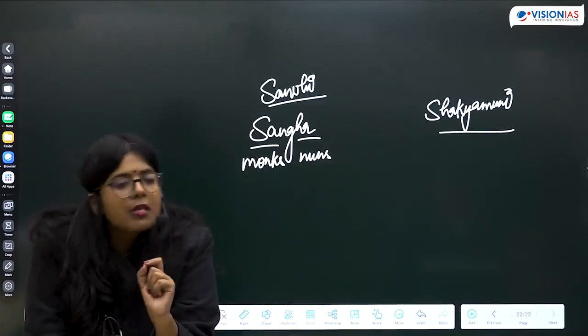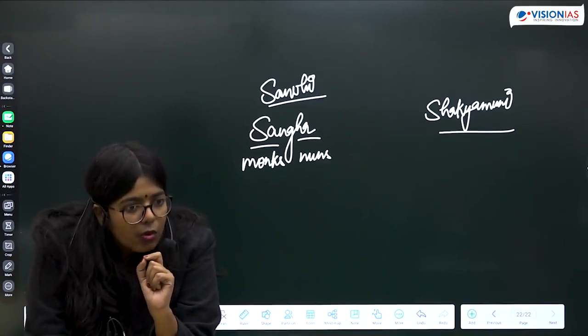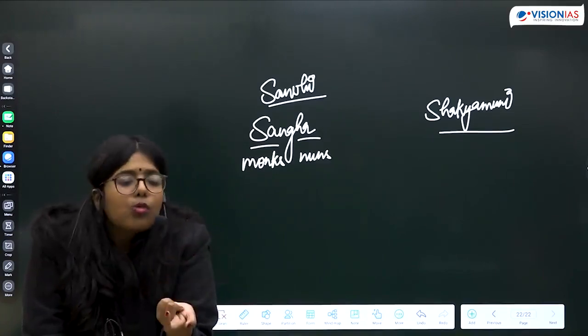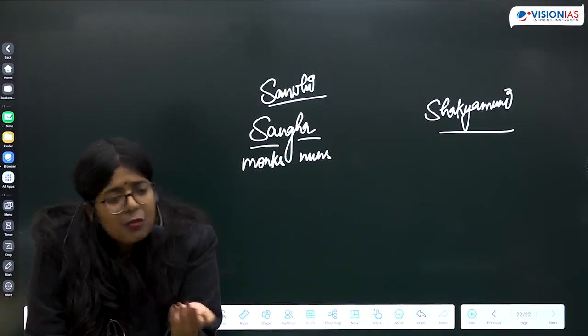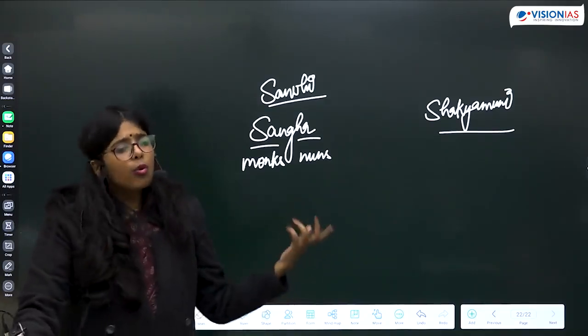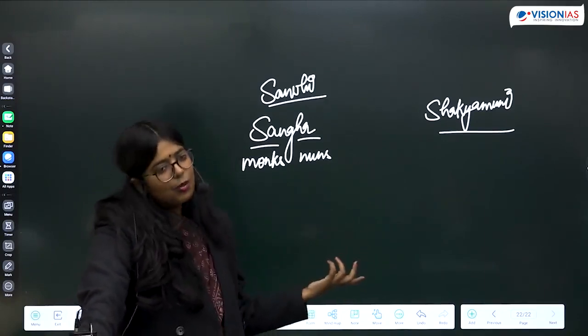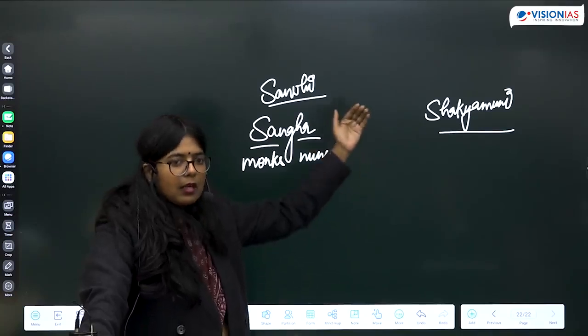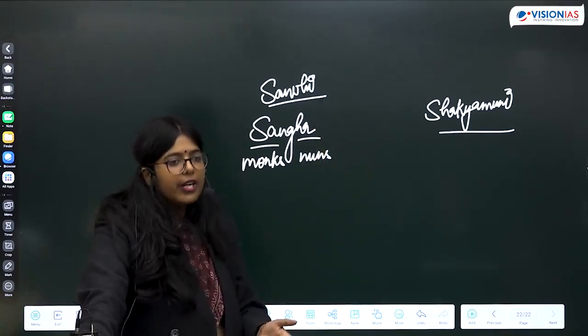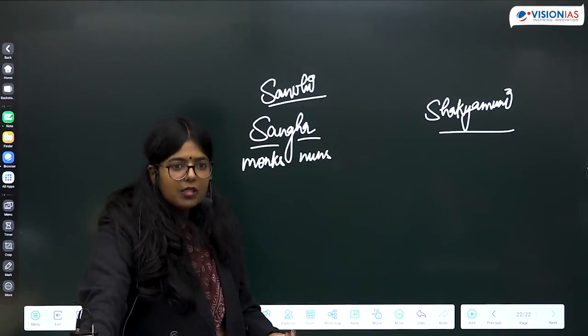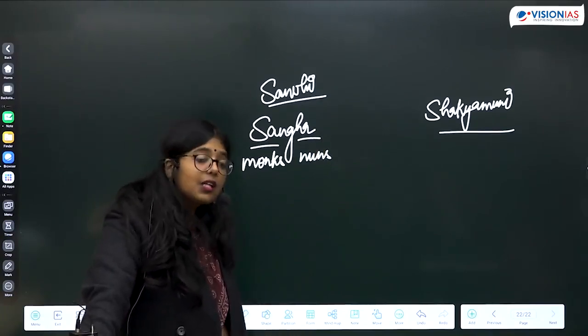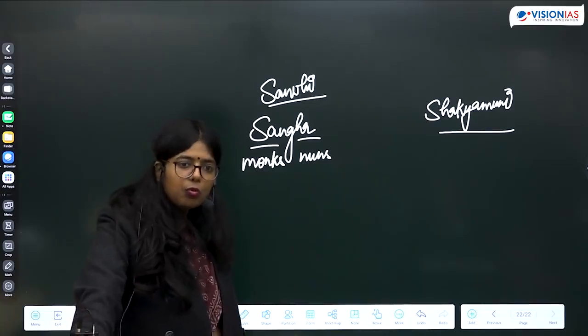There are always going to be exceptions, and Sanghamitra is also one such exception. In Buddhism, women did have a more liberal place. Nonetheless, it was very unique to see a woman going from Pataliputra to Sri Lanka to spread Buddhism, and they converted the ruler Tissa there to Buddhism.